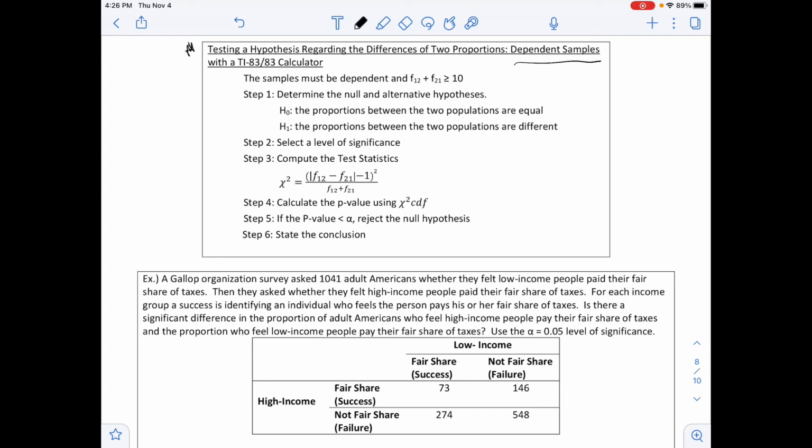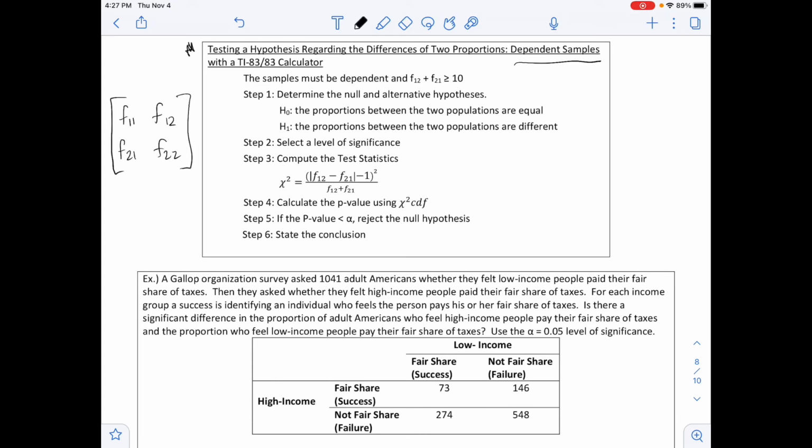And there's some formulas here, and you'll notice these F and the sub numbers here. So talking about what those mean, since it's a 2x2 matrix, that means that we have a total of 4 different cells. So the first cell would be F11, and then F12, and then F21 and F22. So those little sub numbers are telling us rows first and then columns. So the first value that we have is row 1, column 1.